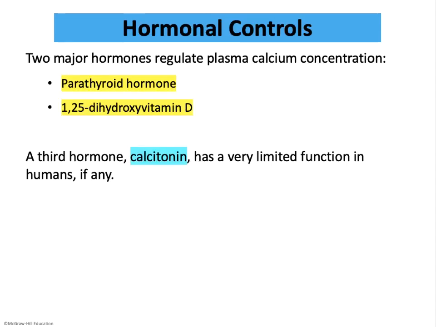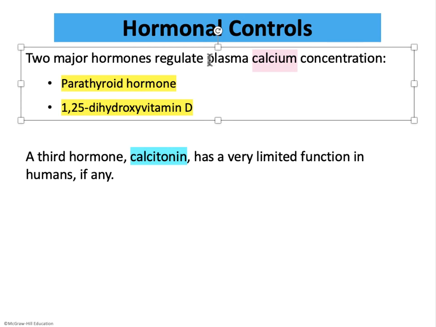We now know that there are two major hormones that control the calcium concentration in the blood, and these are parathyroid hormone, released by the parathyroid glands, which have nothing to do with the thyroid. Para means close to the thyroid. So they just happen to be located at 4 different spots above the thyroid gland.